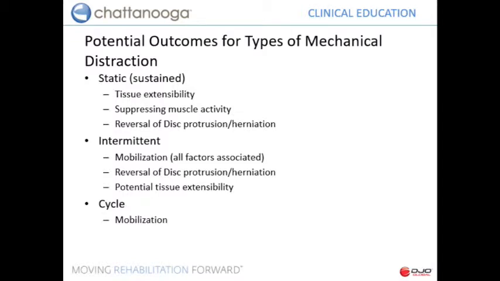So in other words, you have your higher intensity at whatever you decide, and then your lower intensity set at 70% of that. That way you don't reduce all the way back down to zero intensity, so you're not letting it go all the way, so to speak. There is potential for tissue extensibility depending on how long you hold it. Cycling, really, the focus is mobilization.